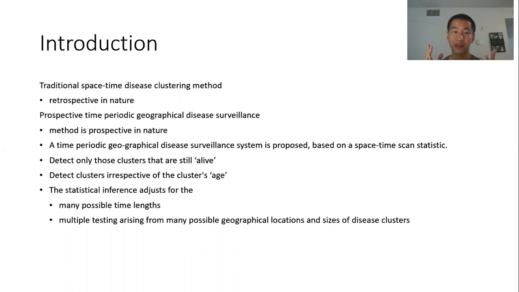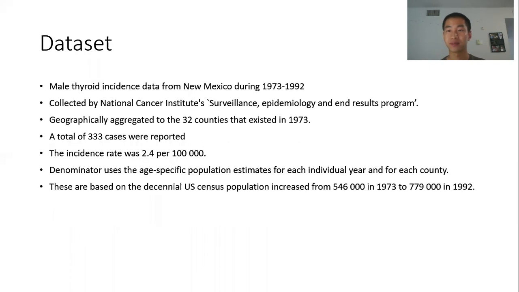It only detects those clusters which are still alive, which means those clusters that live to the current time point, or to a time point where the data collection ended. It can detect a cluster irrespective of its age. And multiple useful adjustments can be made about its statistical inference.